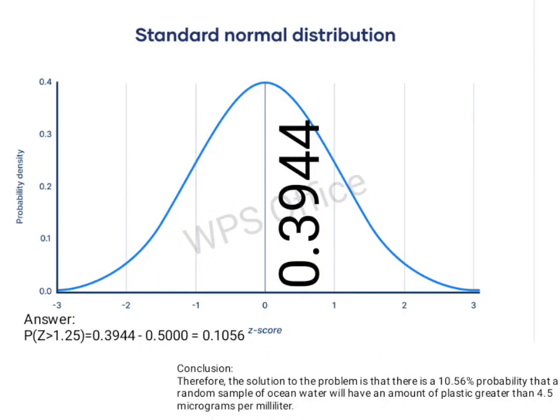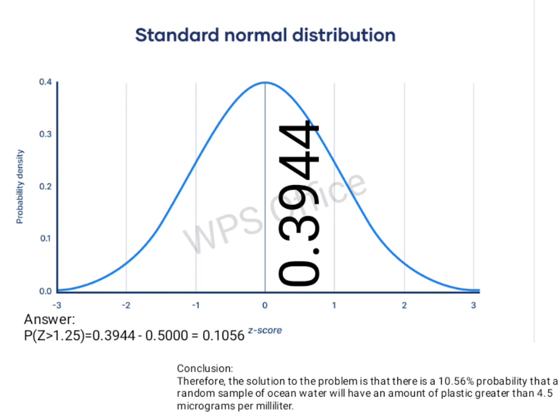Our answer here is z greater than 1.25 is equal to 0.5000 minus 0.3944, which is equal to 0.1056. Our probability density, we put our answer on the right side of 0.3944, which is our probability answer.